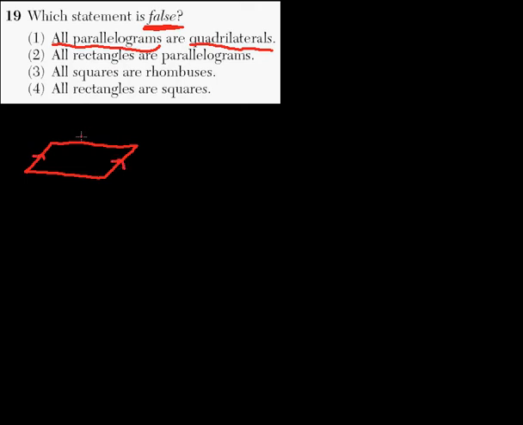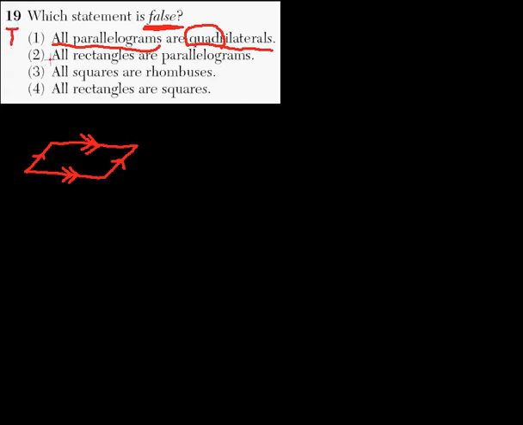So these 2 sides are parallel, these 2 sides are parallel. That's a parallelogram. And a quadrilateral, quad, is any 4-sided figure. So since a parallelogram has 4 sides, it has to be a quadrilateral. So number 1 is true. It has to be true.